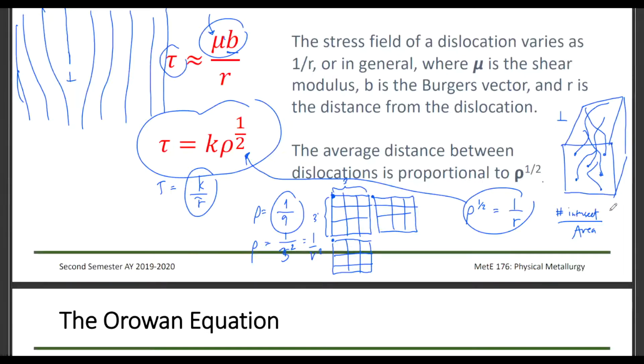Kasi ito, this is parang unitless value over area. So if you use SI units, then 1 over meters squared ang units ng dislocation density. If you measure the total length, that becomes meter over meter cube, which becomes 1 over meter squared. So this is actually the same, no?